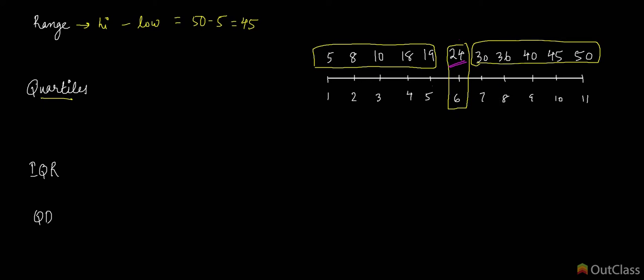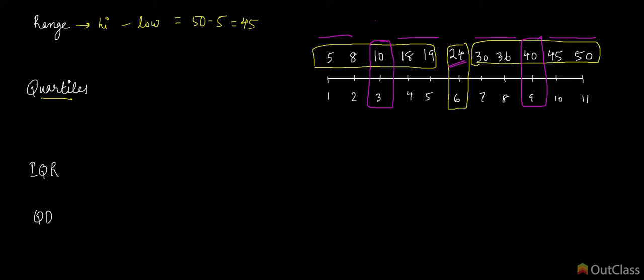Now imagine that you have an observation. No, not imagine, you have that observation here which divides the lower subset into two subsets which have an equal number of elements, and you have another observation that divides the higher subset again into an equal number of elements in the two subsets thus created. Now these are the quartiles.